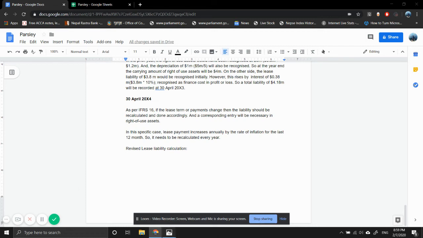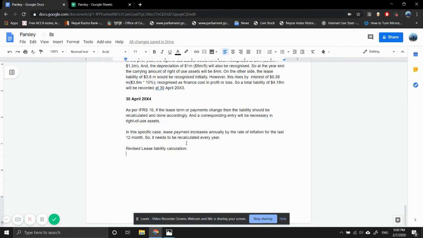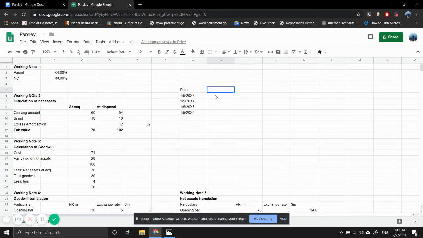So when is the other payment due? It's paid in advance, right? So it's already been paid on 1st May, so it will be paid on 1st May 20x3, right? So during that time, how much should we pay them? Cash flow 1.3, right? Or what we can do is 1.2 plus 8%.